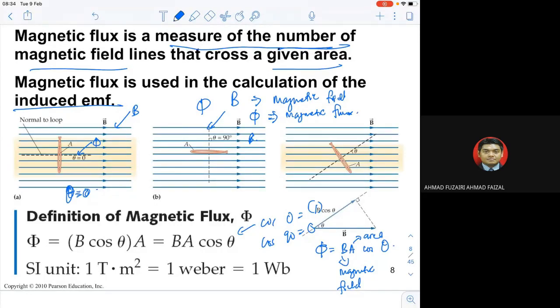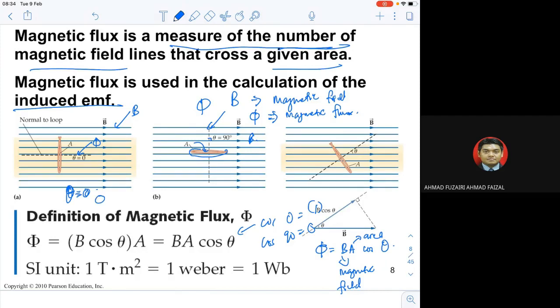Let's say you have a loop of wire, and of course this is the area, the area of the loop. And then the flux is 90 degrees from the area of the loop. Therefore, theta to the magnetic field is 90 degrees also, and therefore cos 90 will be equivalent to 0.